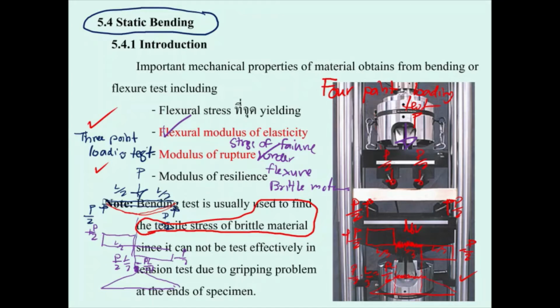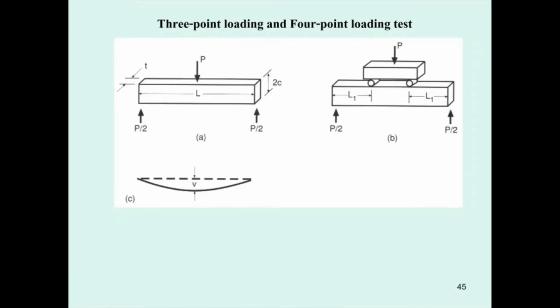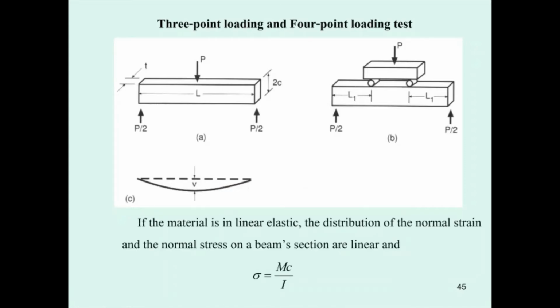You have the clamping problem at the end of the specimen. So we use this flexural test for the brittle material. Like I mentioned, this is three-point and four-point loading, and for any kind of loading test, we have this equation to determine the flexural stress.